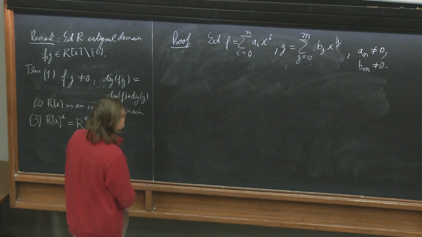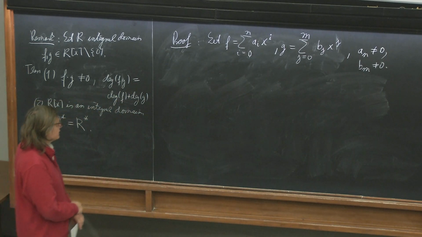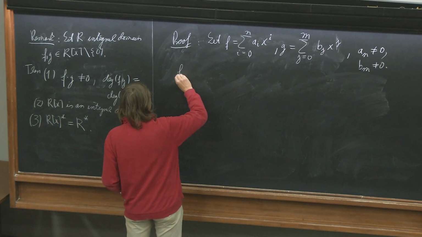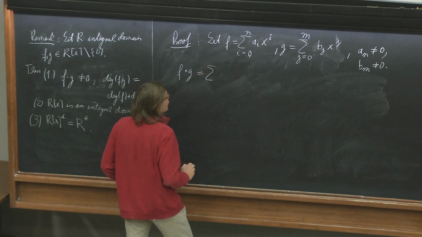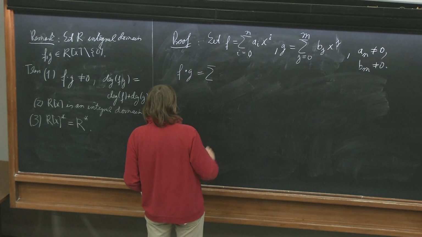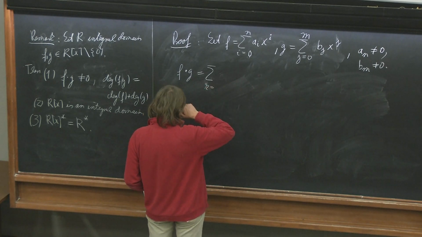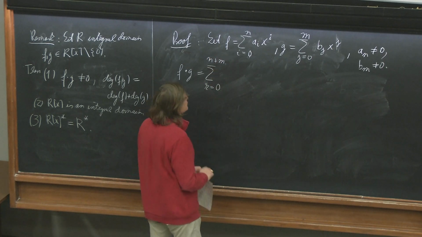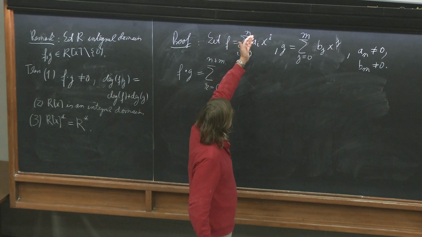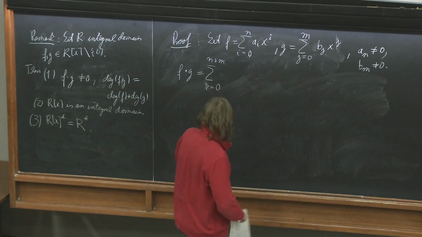Then if I apply the rule for multiplication, we have that f times g is equal to the sum over all k from 0 to n plus m. The maximal power I can reach is n plus m.